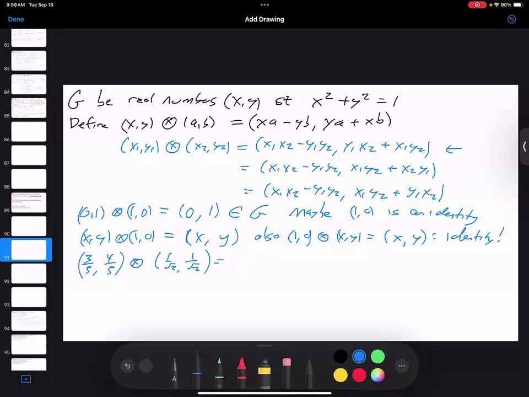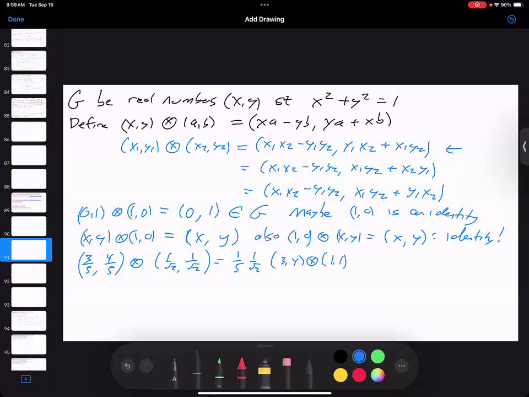So I can pull out a 1/5 and a 1 over root 2 and make things a little bit nicer. This is going to be the same as 1/5 times 1 over root 2 times (3, 4) cross (1, 1). Is everybody comfortable with how I did that? This is just a nice way to do the algebra. If you don't like this, keep the 5s and the square roots of 2 in the denominator.